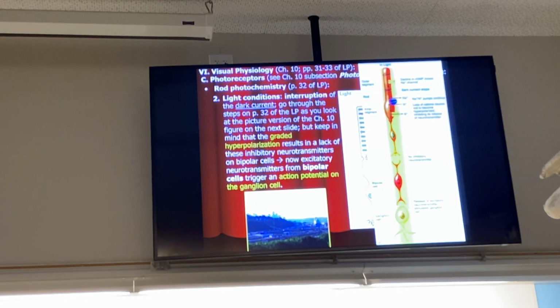With sodium no longer diffusing in and the permanently open potassium channels, because all cells have that, causes a constant outflow of potassium out. The rod now hyperpolarizes. And because it hyperpolarizes, it no longer releases glutamate on the bipolar cell.